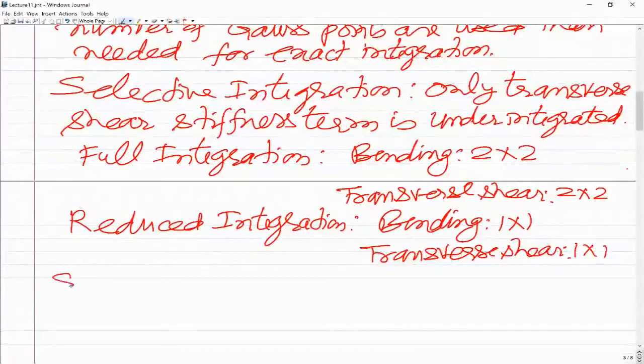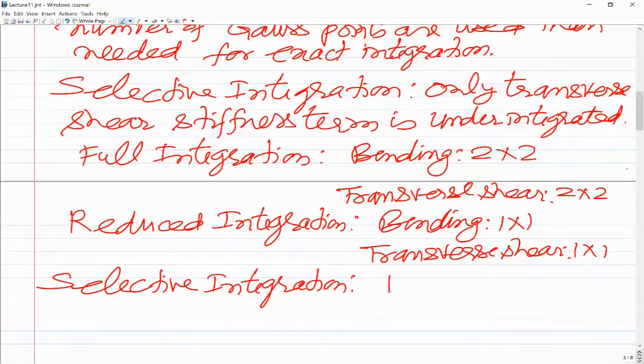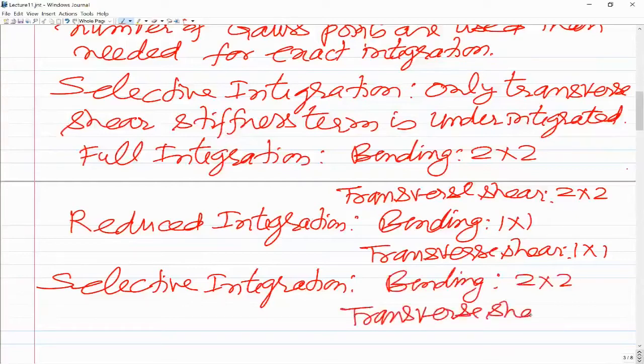So then we use what is known as selective integration. In selective integration, bending is evaluated exactly. That means bending is evaluated using the 2 by 2 integration rule, but the transverse shear is evaluated using the 1 by 1 integration rule.